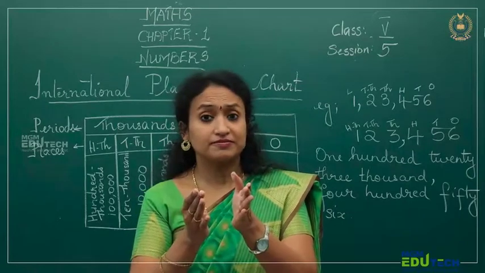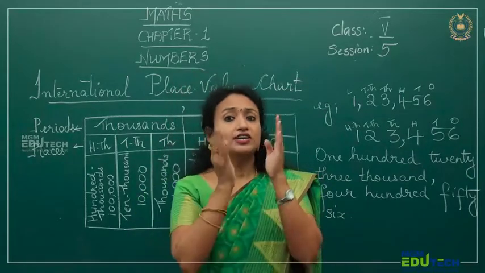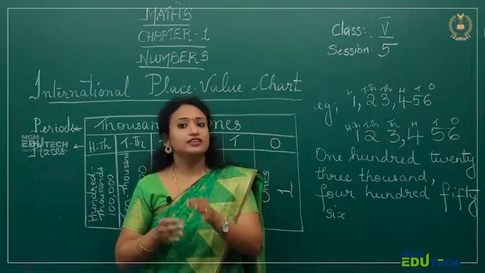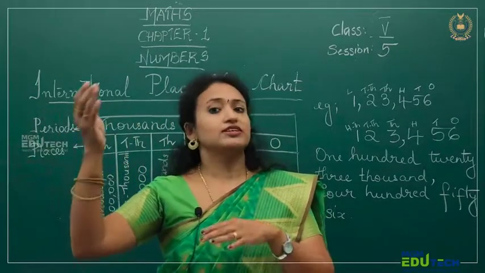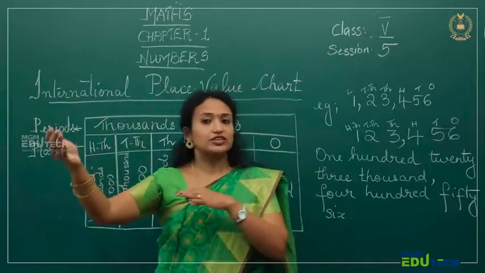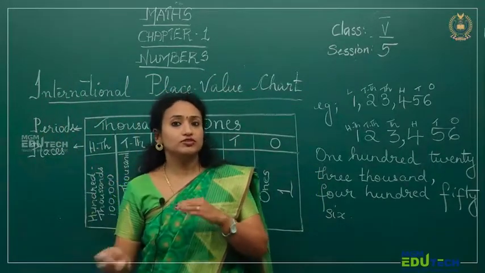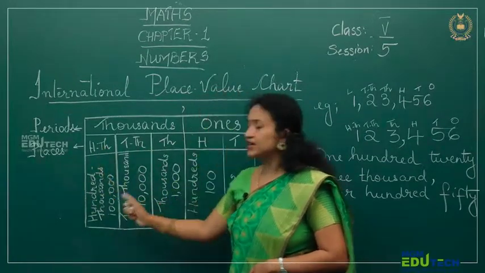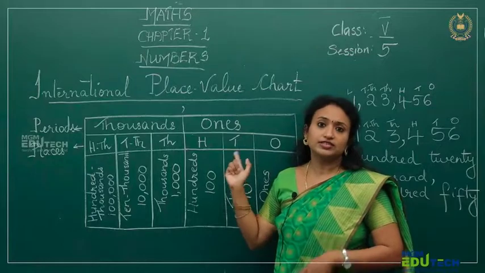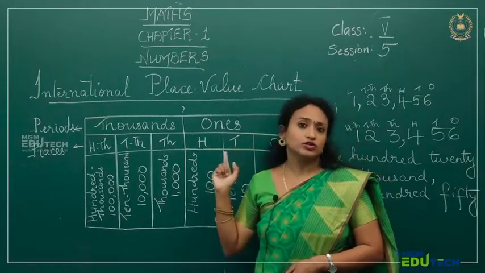They read it as 100,000. In India, we read it as 1 lakh, whereas outside India, that is internationally, 1 lakh is equivalent to 100,000. That is what we saw in the international place value chart.